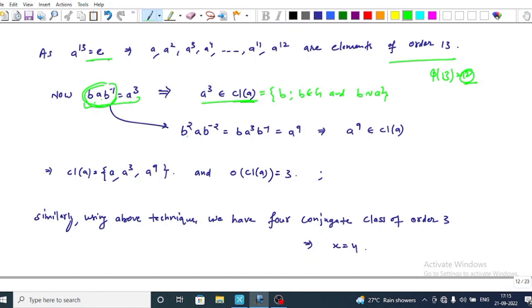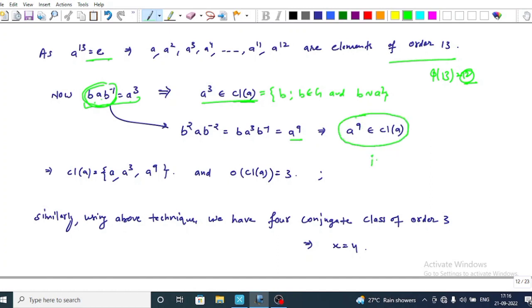This implies that B power 2 A B power minus 2 is equal to B A power 3 B minus 1 is equal to A power 9, because for A we have A3, now for A3 we have A9. This implies that A power 9 belongs to the conjugate class of A.